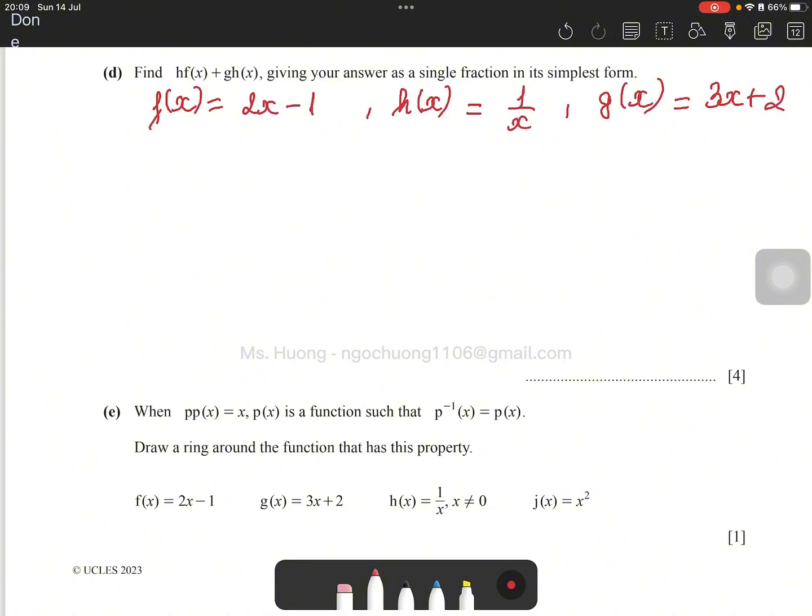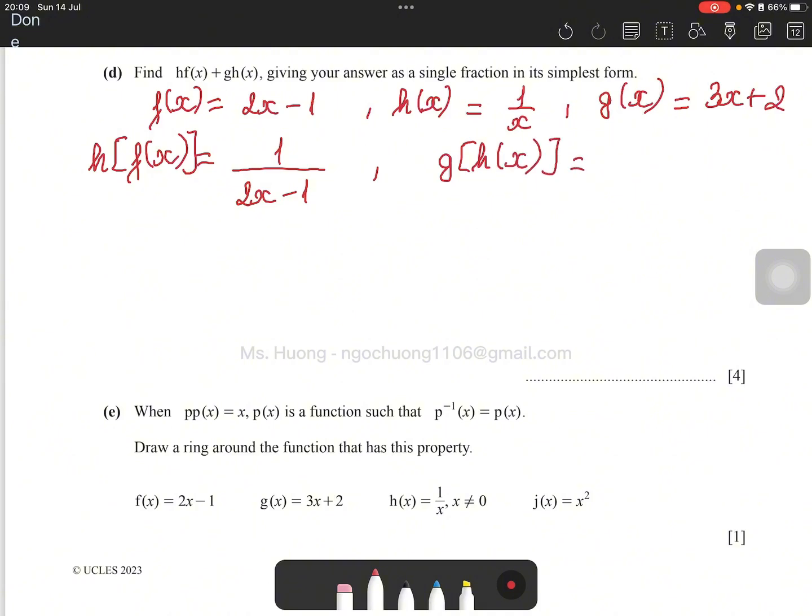So, if we want to find h of f of x, we will substitute 2x minus 1 into h of x, which means x becomes 2x minus 1 now. And then we also find g of h of x, which means I will substitute h of x into g. So 3, instead of multiplying by x, I will multiply it by 1 over x, plus 2.